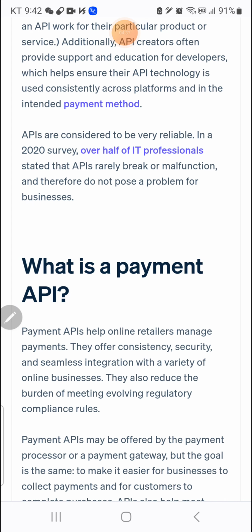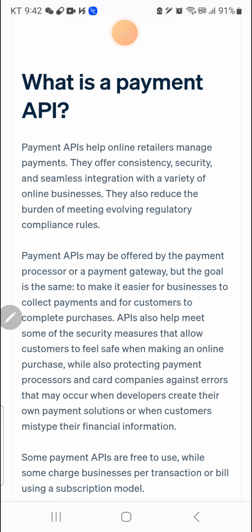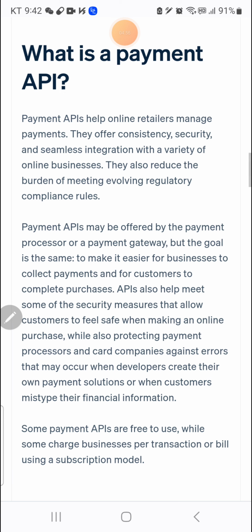What is a payment API? Payment APIs help online retailers manage payments. They offer consistency, security, and seamless integration with a variety of online businesses. They also reduce the burden of meeting evolving regulatory compliance rules. Payment APIs may be offered by the payment processor or payment gateway, but the goal is the same: to make it easier for businesses to collect payments and for customers to complete purchases.